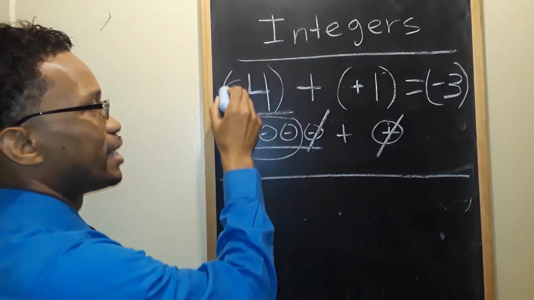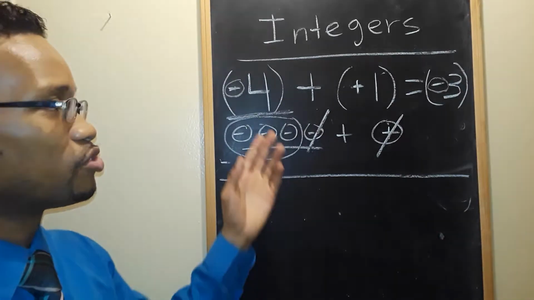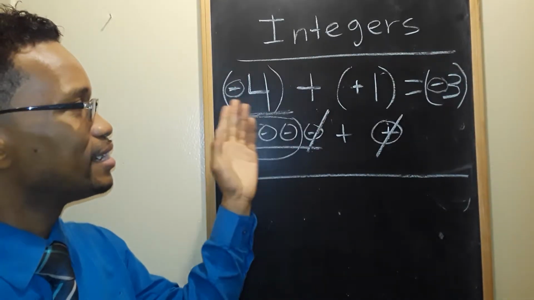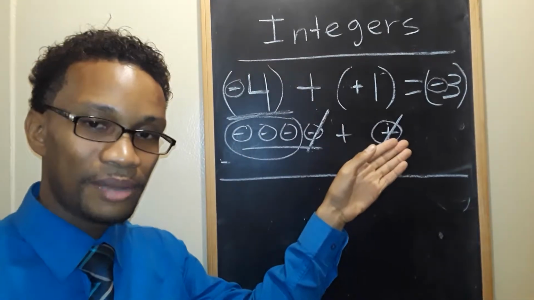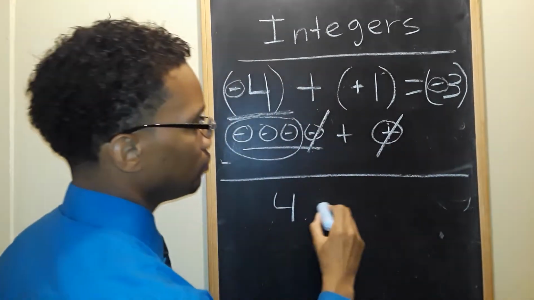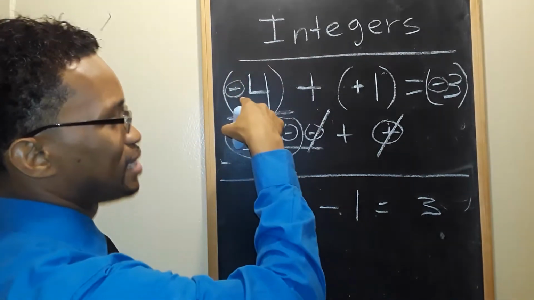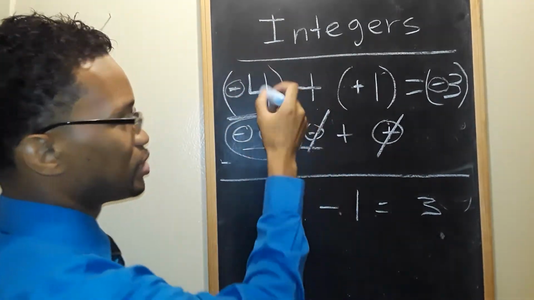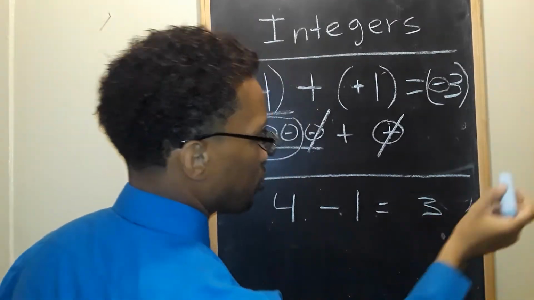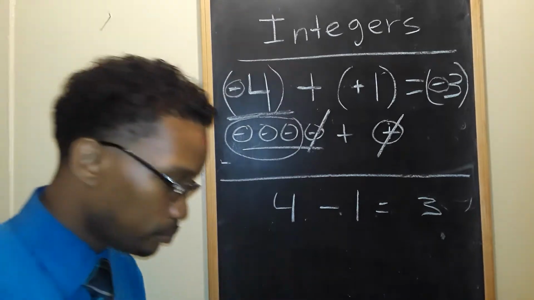So negative 4 plus positive 1 is basically saying 4 minus 1 equals 3. But you have to keep the sign of the higher absolute value, which is the 4 here. So that's when you put the negative sign there. Okay? Let's do one more.